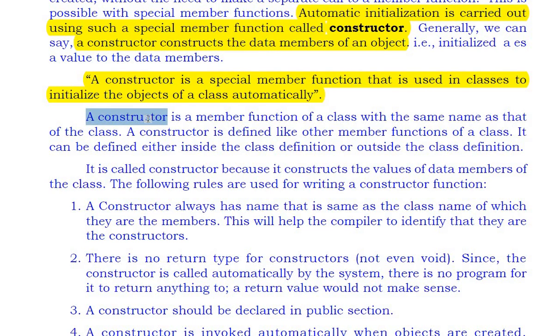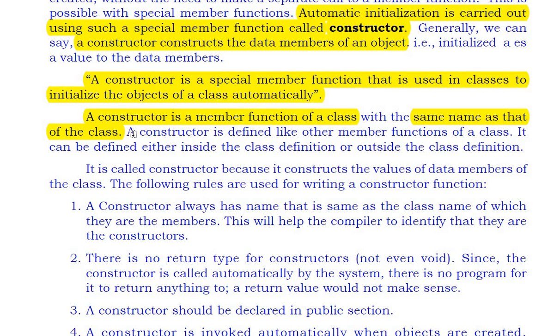A constructor is a member function of a class with the same name as the class. Here one condition is there. The name of this member function should be the same as the class name. Class name and function name should be the same, then only the function will become a constructor.